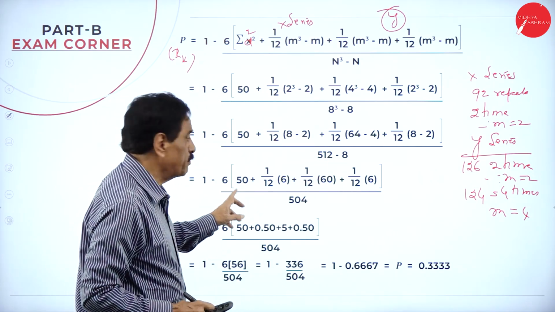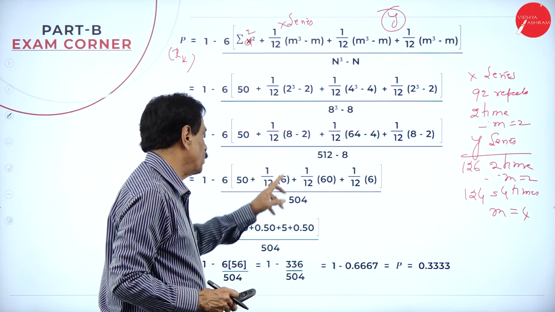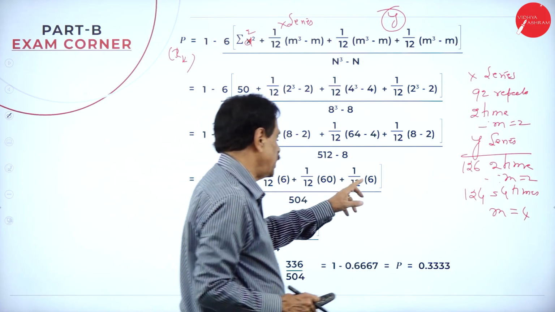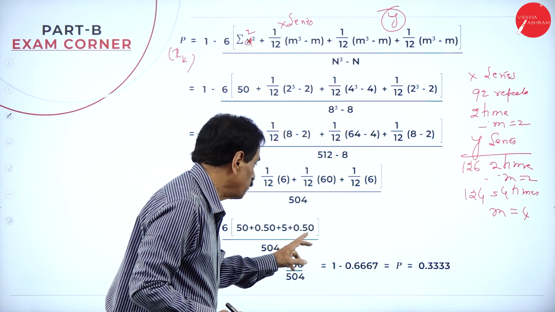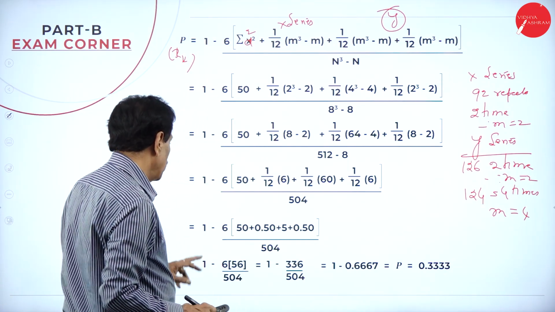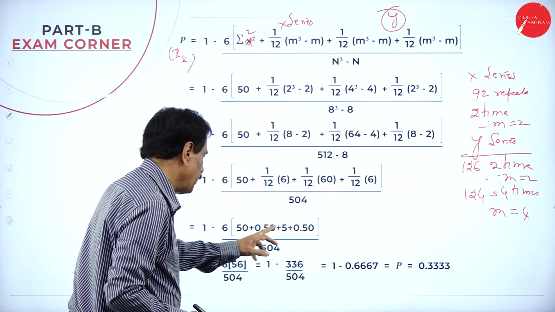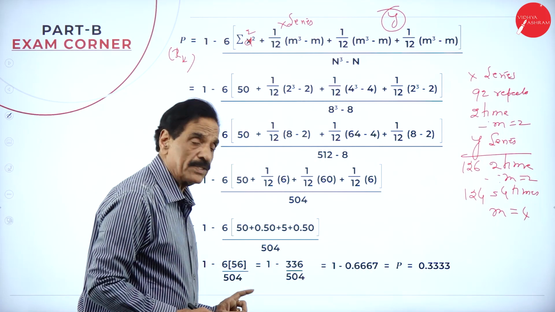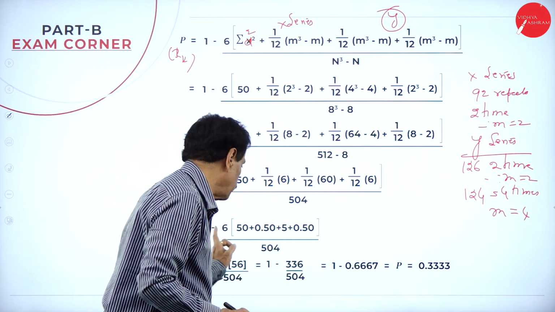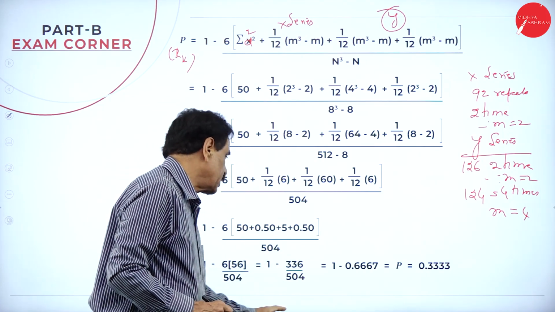So 1 minus 6, 50, this is 8 minus 6, 2. So 6 times 60, 16, 504, divided by 504. 6 into it, we have 56 divided by 504. 1 minus 336 if multiplied by 6, 336 divided by 5.